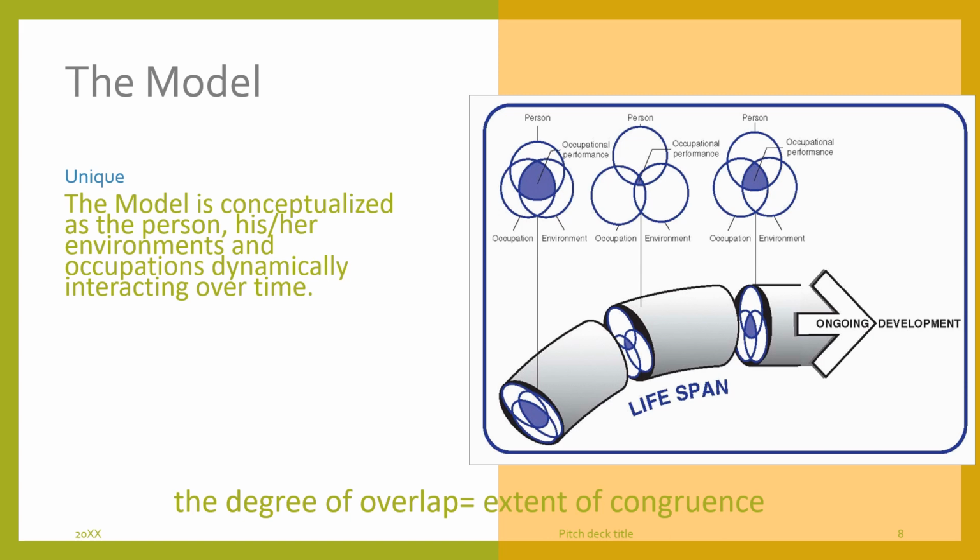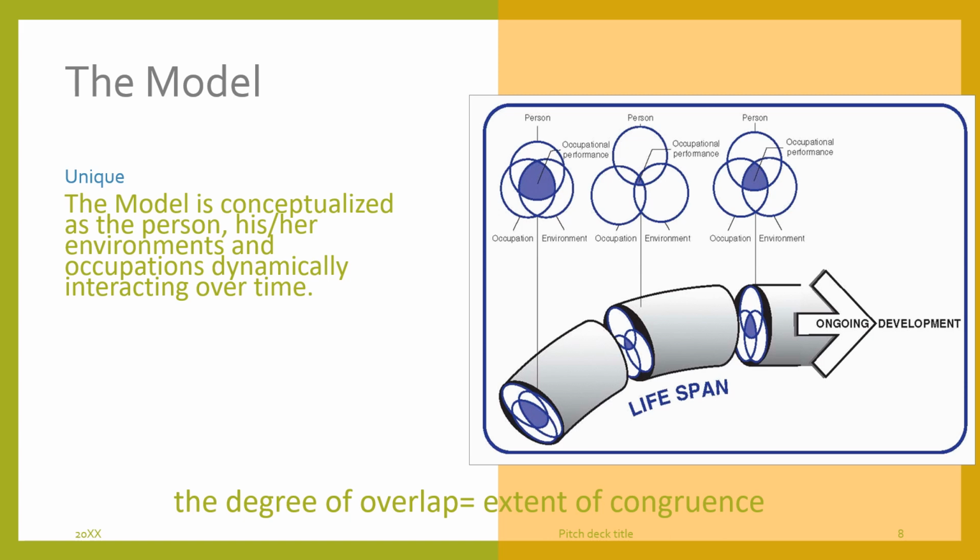So early on, maybe the occupational performance is more congruent, whereas maybe they had something happen in midlife and it caused an incongruence, and then it looks like it might have gotten a little better towards the end.